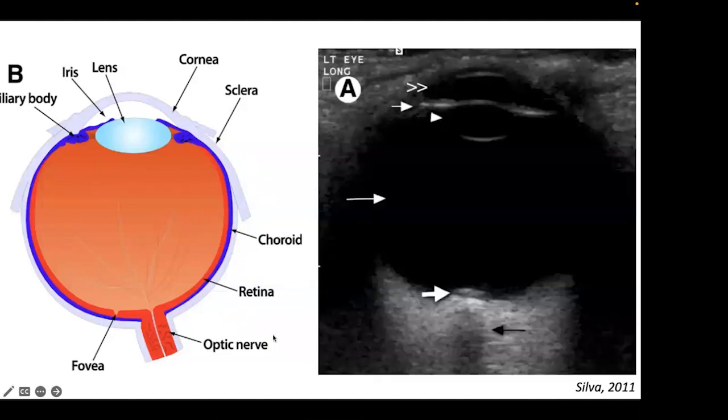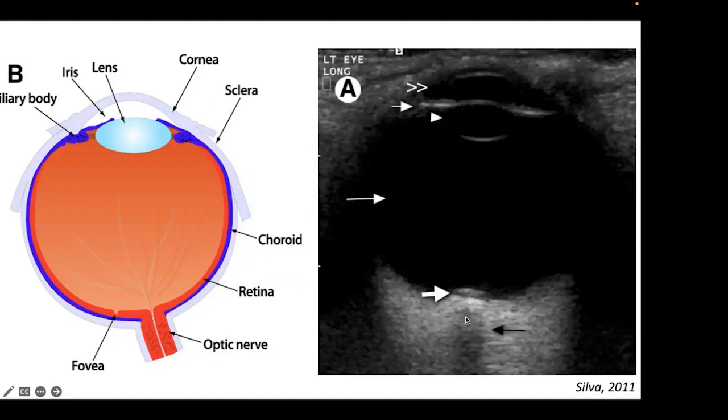And this is how it looks on ultrasound. Again, the cornea, then the anterior chamber, the iris and pupil, the lens, and the black fluid-filled, hypoechoic structure, which is the vitreous body. The retina attaches posteriorly to the optic nerve, and then the central retinal artery and vein are in the center of the optic nerve.